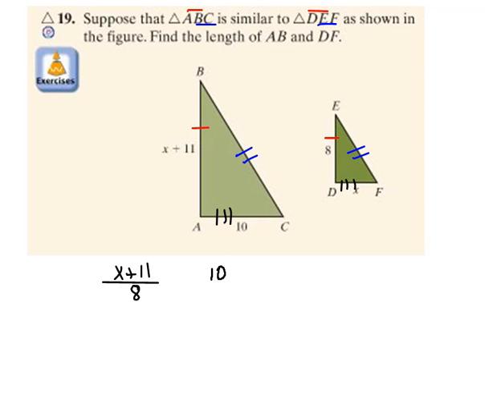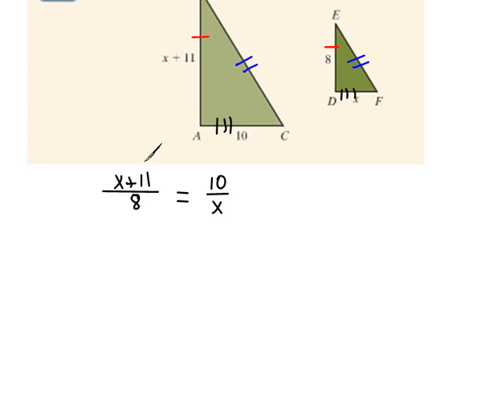So that would be side 10 could be compared to the side x. Now, what we have done is we've created a proportion here. So we're saying that these comparisons are equivalent to each other. And by doing that, now we can solve this rational equation.